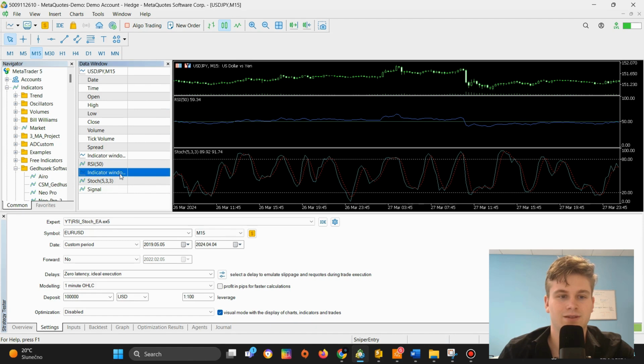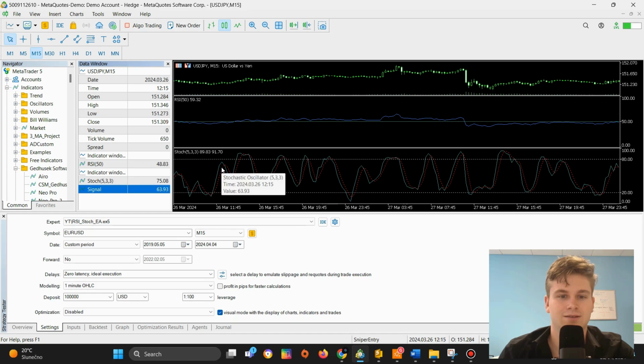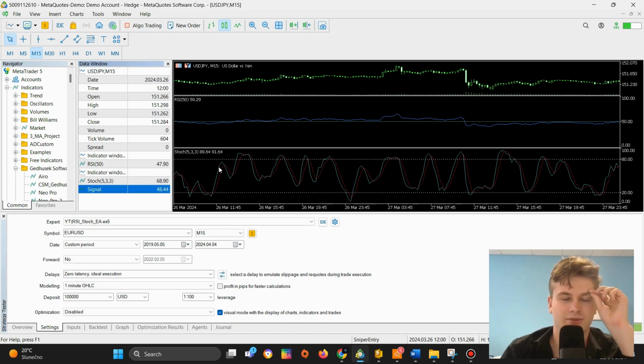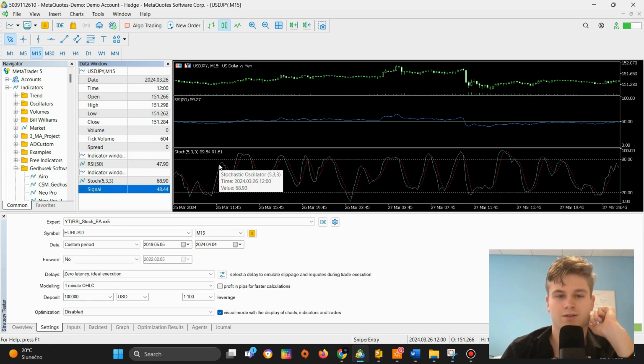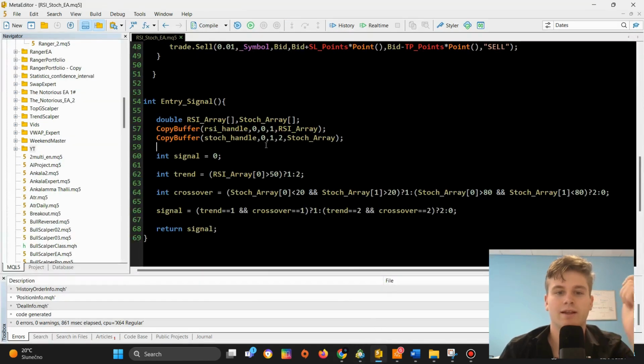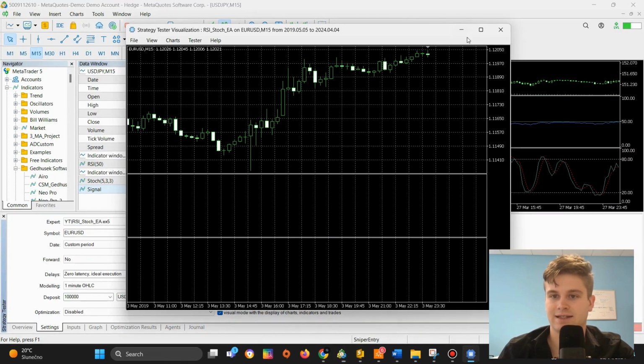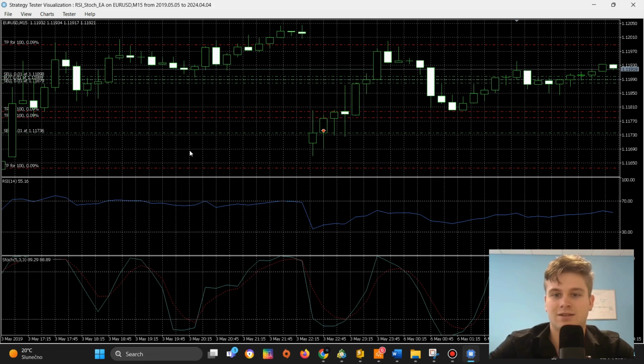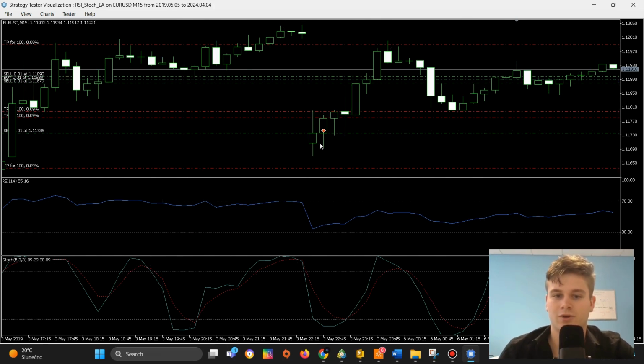Okay, so indicator stochastic signal, because there's a possibility that I'm using a different number for the buffer. But I shouldn't be using a different number. Okay, let's see what happens if I change the stochastic number to 1, and let's run this again and see. Okay, so now we are opening all lot positions as well.